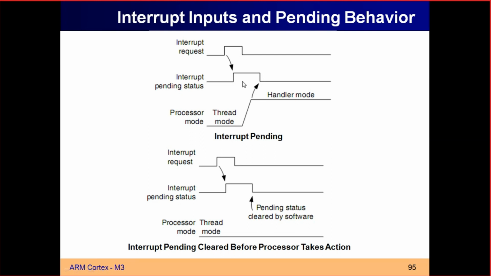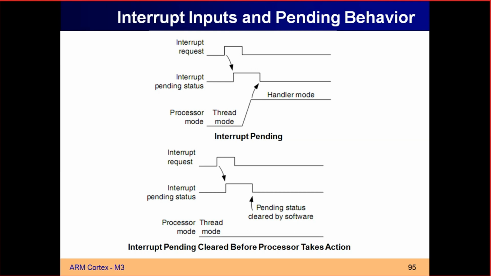The pending status bit will be set, and when the processor identifies this pending status bit, it will move from thread mode to handler mode and execute the ISR. It is a normal case.